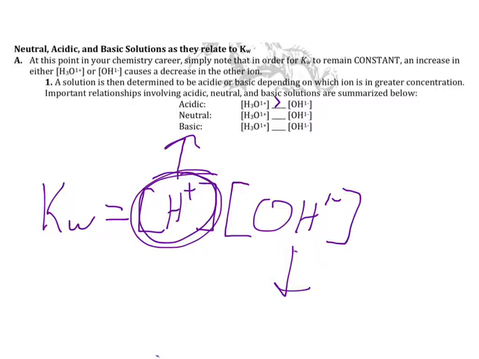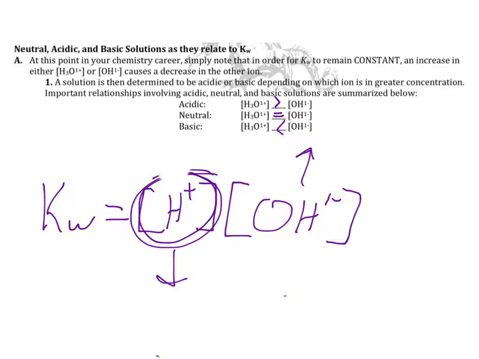We did talk about a neutral solution where they are equal to each other, and then a basic solution, what you're doing is you're increasing the hydroxide ion concentration, and because of that you end up decreasing the hydrogen ion concentration, so you end up with more hydroxide. So this actually is how we define acidic solutions. Acidic solutions have a greater amount of hydrogen ion, neutral solutions have equal amounts of hydrogen and hydroxide, and basic solutions have a greater amount of hydroxide.